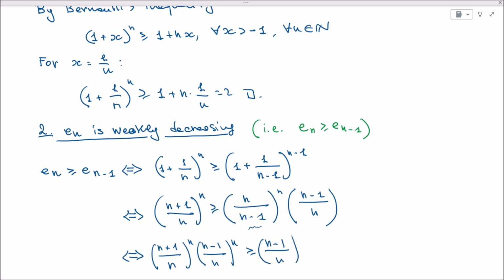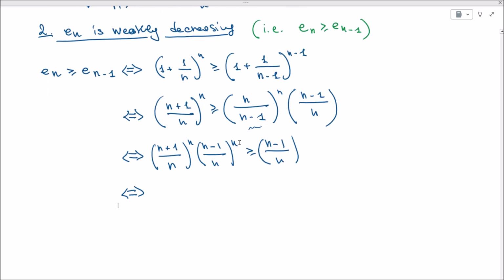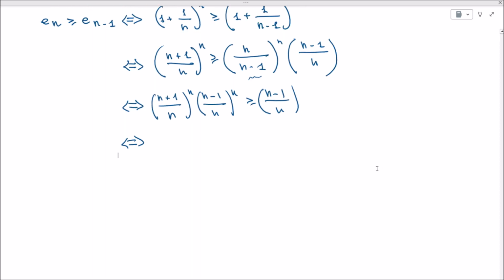And this is true if and only if, multiplying both terms on the left hand side, we have (n squared minus 1 divided by n squared) all to the n larger than or equal to n minus 1 divided by n. We can just remove the parentheses on the right hand side.